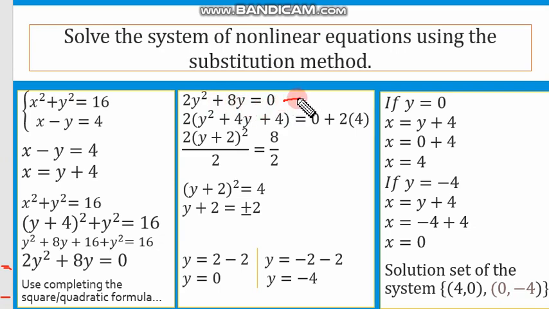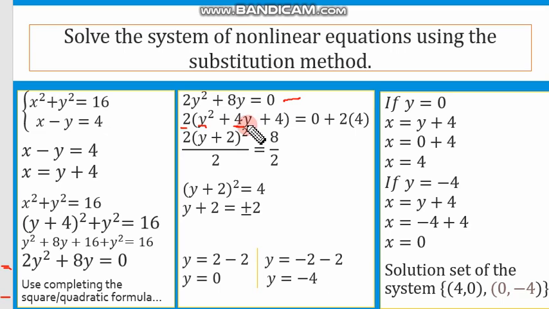By the completing the square method, we first factor out the 2, leaving y squared with coefficient 1. So 2y squared divided by 2 is y squared, and 8y divided by 2 is 4y. In the process of completing the square, we divide by 2 the coefficient of y, and then square it.